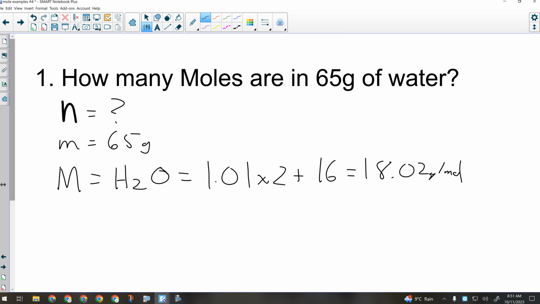Now that we know that, we can use the mole equation without having to do any algebra to calculate the number of moles, because we know both little m and big M. So 65 divided by 18.02 will give us our number of moles.